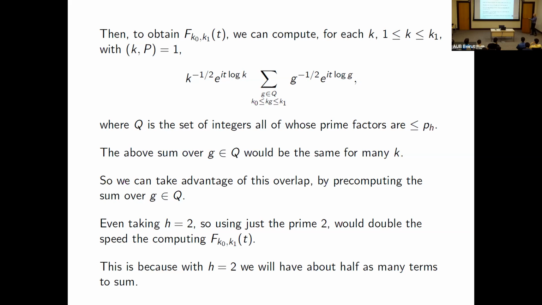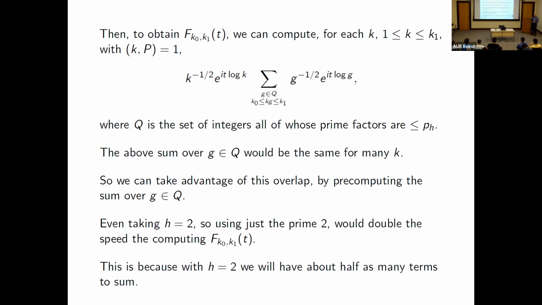This sum on the inside, basically it can be one of a small number of possibilities. So you can pre-compute these possibilities and then just sum over the k's that are relatively prime to p.